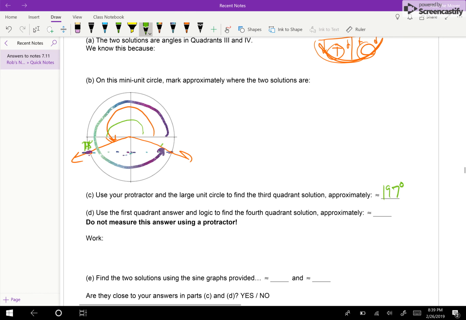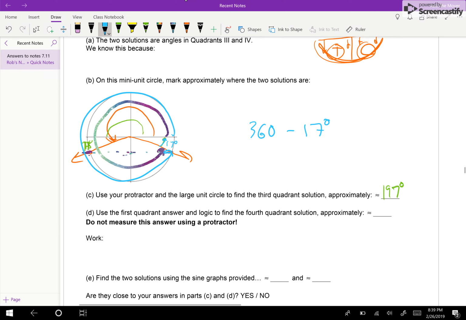And if this is 17 degrees, then what is this angle from here all the way around? It's almost a full circle. 360 minus the 17.